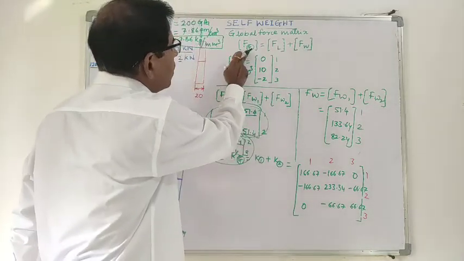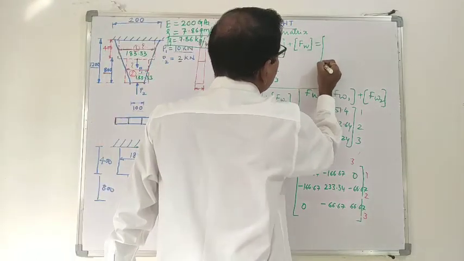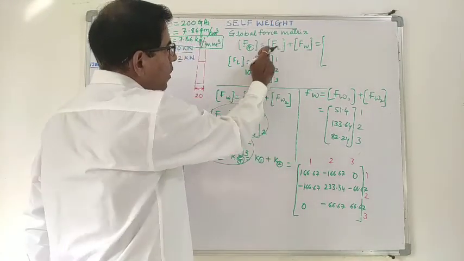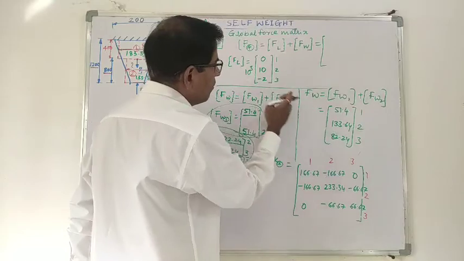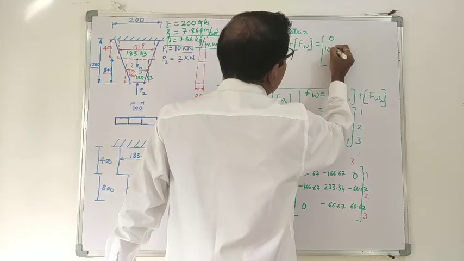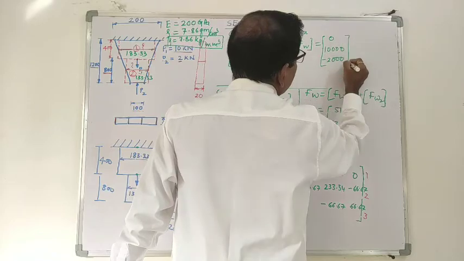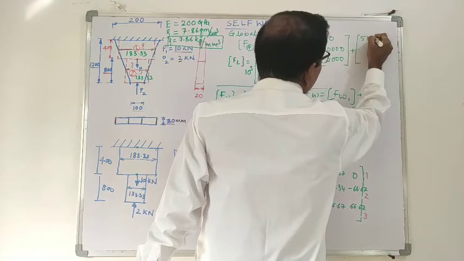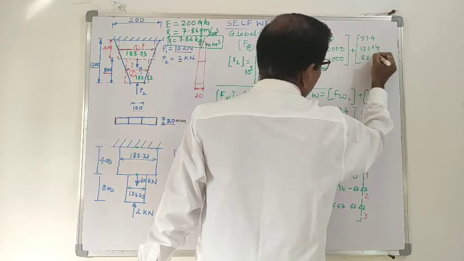Now to find out the global force matrix, we need to add the global load matrix plus the global weight matrix. Now the global load matrix is this. Here the values are in Newton, whereas these values are in kilonewton. So we take 0, minus 10,000, 2,000 plus 51.4, 133.64 and 82.24.